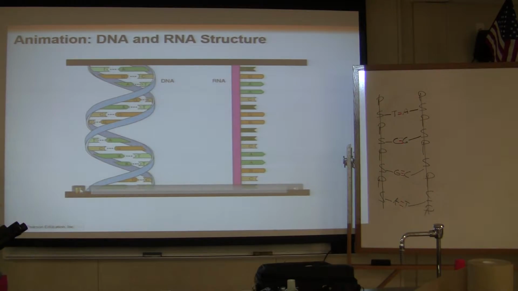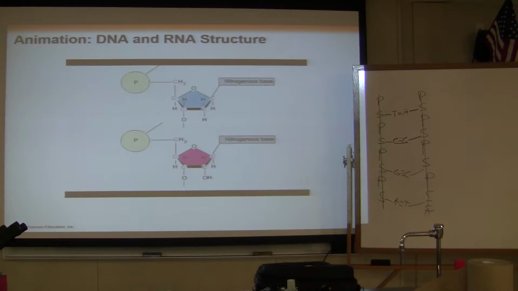DNA and RNA are nucleic acids. They are polymers made of subunits called nucleotides. One difference between DNA and RNA is the type of sugar their nucleotides contain. DNA contains the sugar deoxyribose, while RNA contains the sugar ribose. Ribose has one more oxygen atom than deoxyribose.